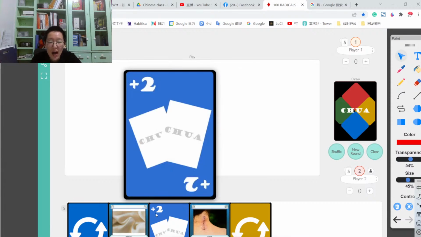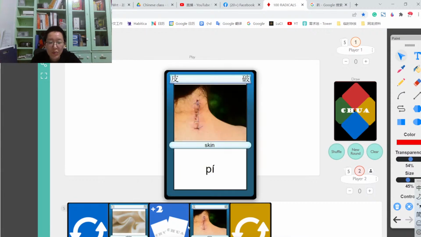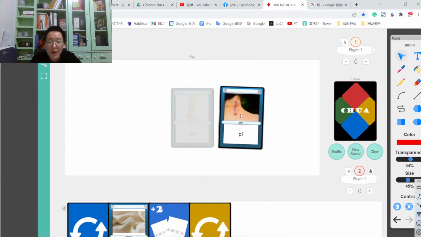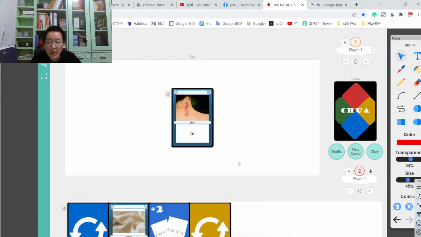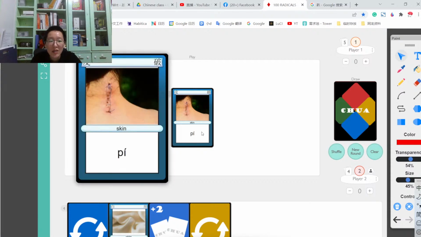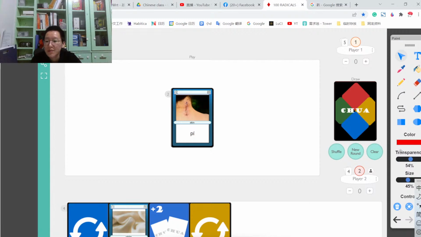For example, I have 4 blue cards. I can play this one, 皮. 皮 means skin. 皮. Okay, you can take out a pen and paper and write after me. P. One more time.